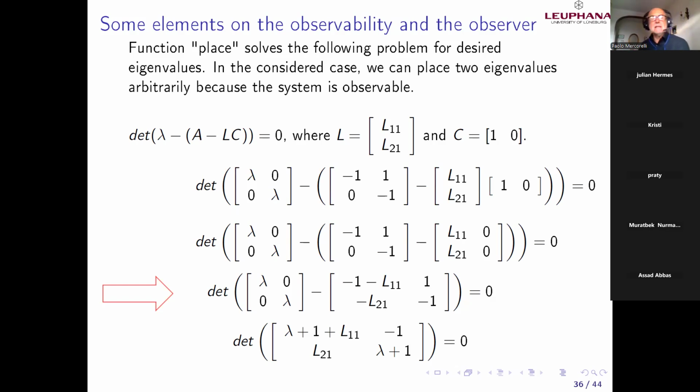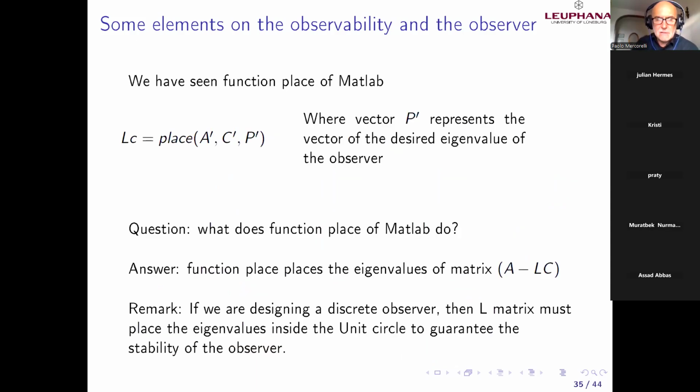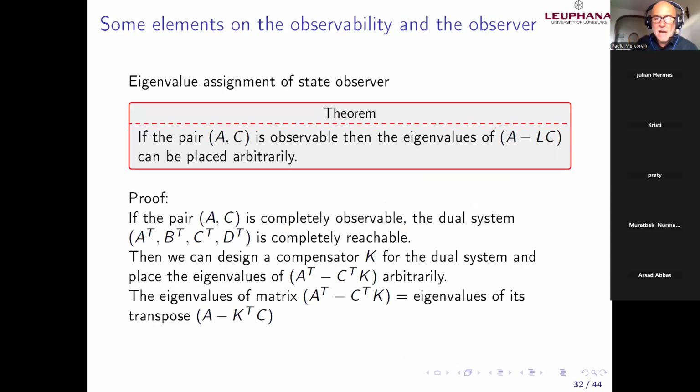About this theorem, I didn't tell you, but probably it could be nice, without going in depth, to look at this sentence here. If the pair, meaning the matrices A and C, which characterize the observer, is observable.